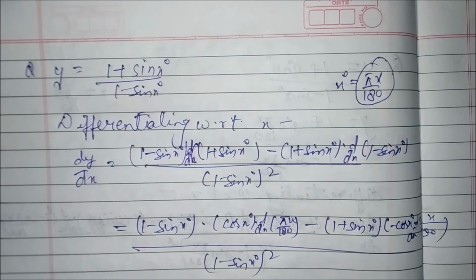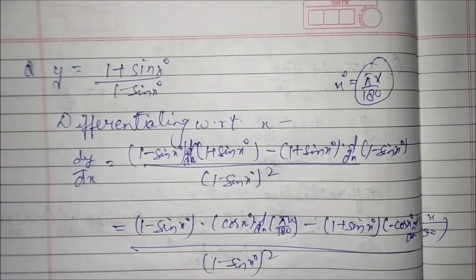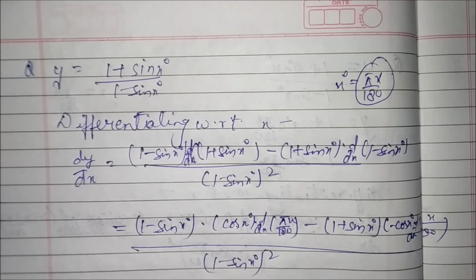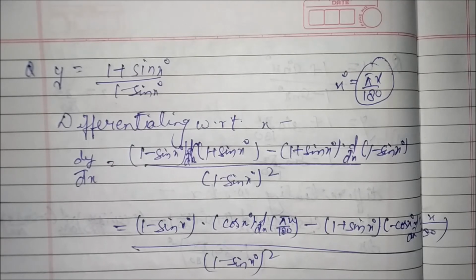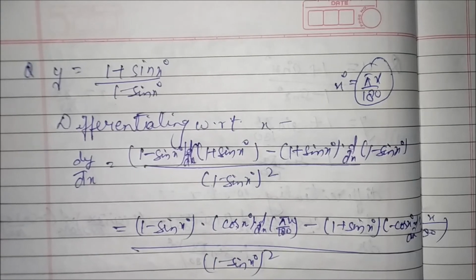Okay, now this term will be cancelled out and we get 2 cos x degree upon (1 minus sin x) whole square.